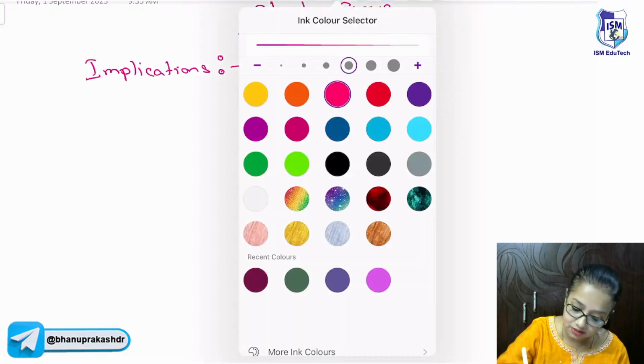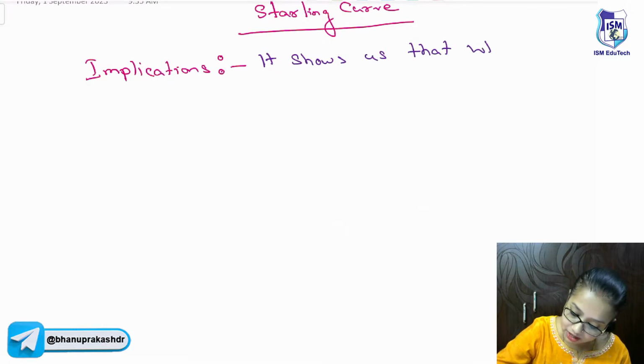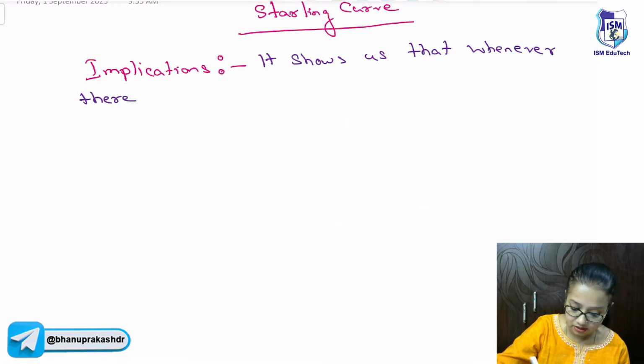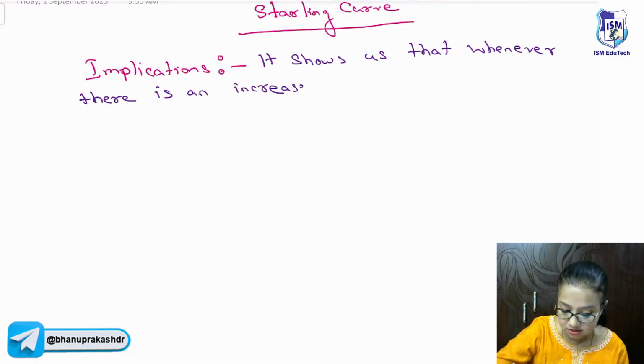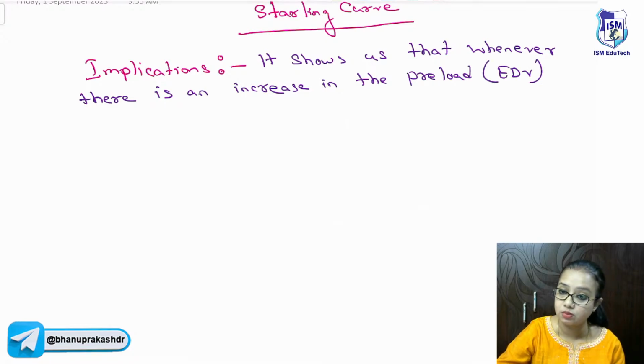So, Starling curve actually shows us that whenever there is an increase in the preload. Preload is nothing but the end diastolic volume, the volume of the blood that is in the ventricle after the filling phase, both passive filling and active filling.